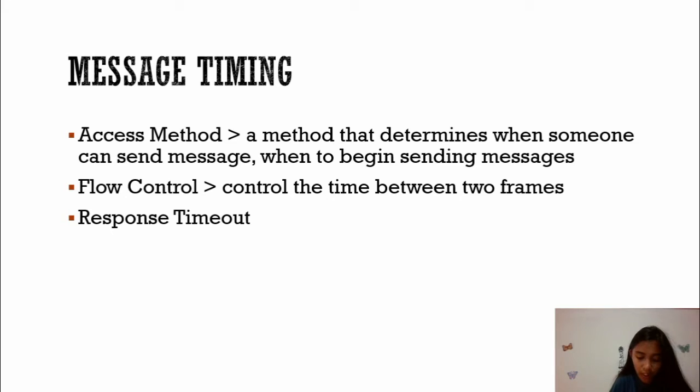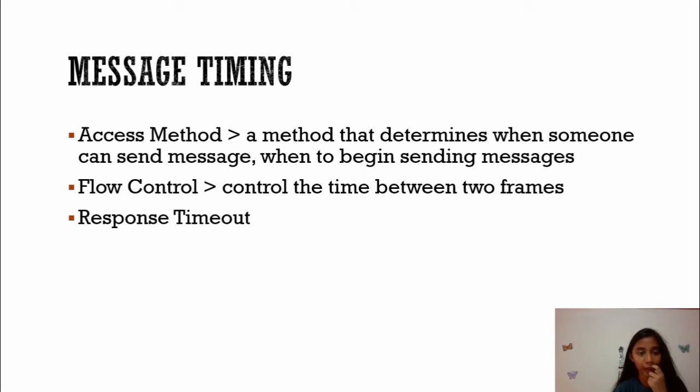So it is necessary for computers to define an access method. A host on the network needs an access method to know how to begin sending messages and how to respond when a collision occurs.